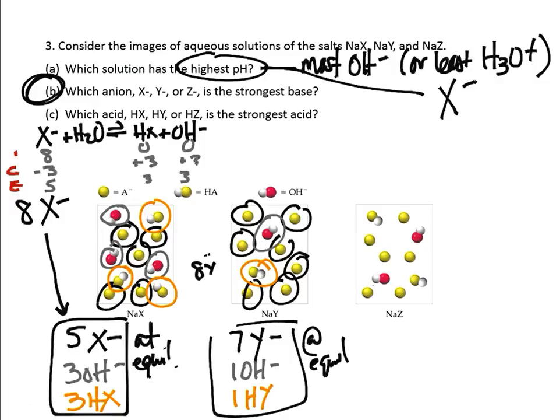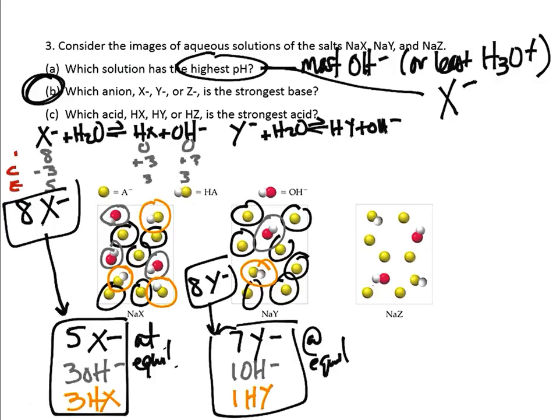So this base is definitely weaker than X- because only one of them recombined. And so if we do this ice table up here, we initially have 8, we subtract 1, we get 7. For the products, we initially have 0, we add 1, we get 1. So this equilibrium lies further to the left than X-.